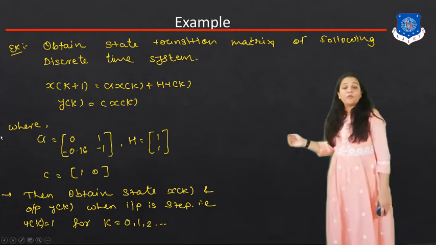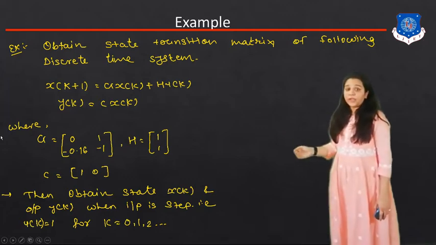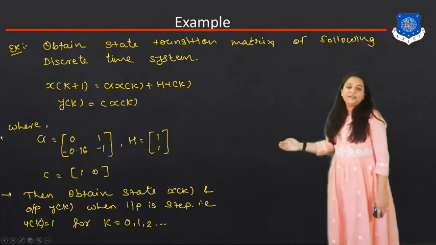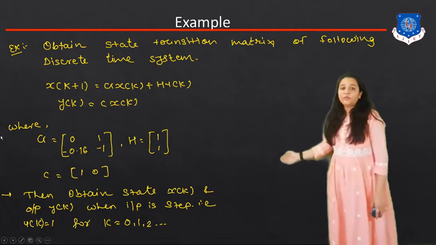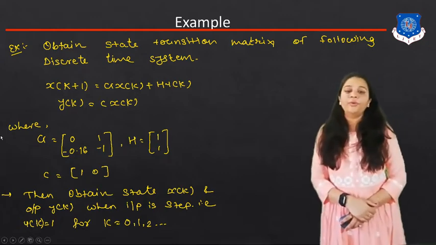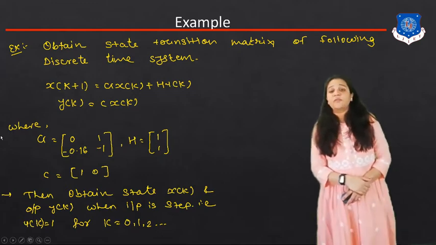We have to obtain the state x of k and output y of k, where the input applied is a step input, that means u of k equals 1 for k equals 0, 1, 2, up to infinity. So this is our example.